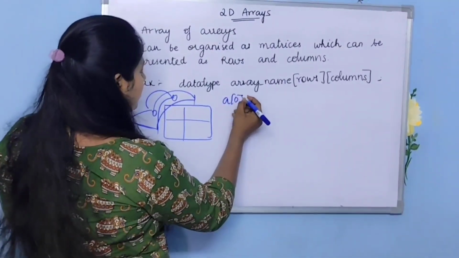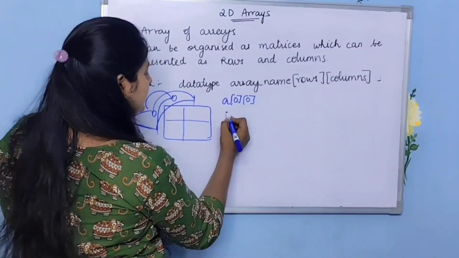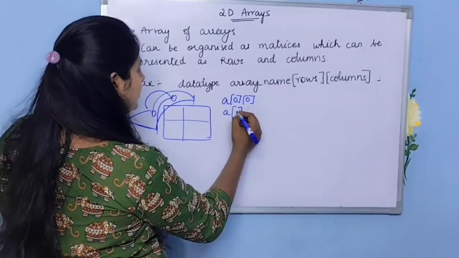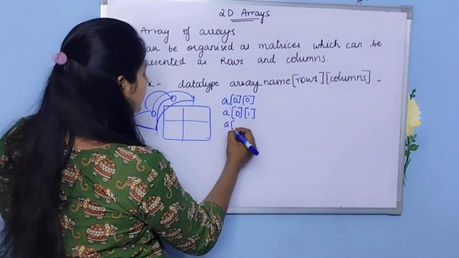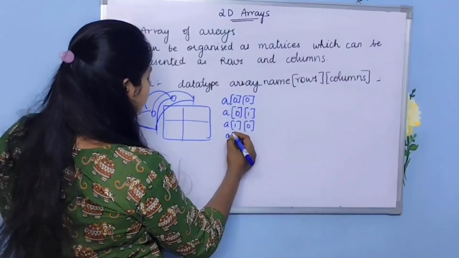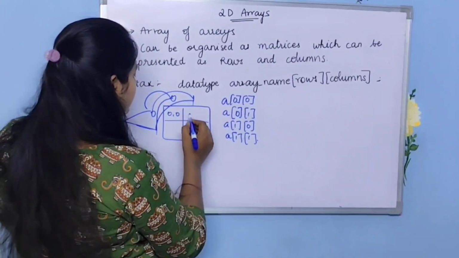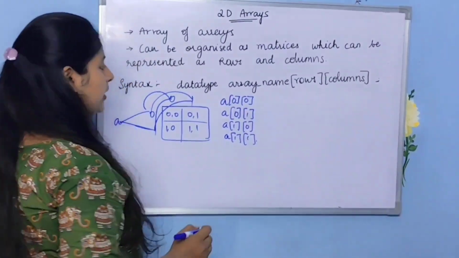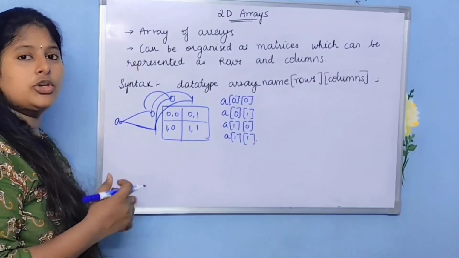A of 0, 0 is my first element, A of 0, 1 is the second element, A of 1, 0 is the third element, A of 1, 1 is the fourth element. Right. So, this is 0, 0. This is 0, 1. This is 1, 0. 1, 1. Okay. This is how elements are being arranged in 2D arrays.